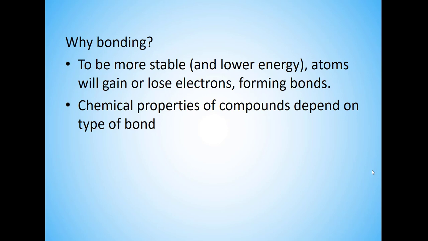Remember, they used to be called the inert gases, meaning that they didn't react with anything. All the other elements, they need to bond with another atom and have either sharing electrons or an exchange of electrons to become more stable. How it bonds determines its properties, and so we're going to be talking about that later on in the unit.